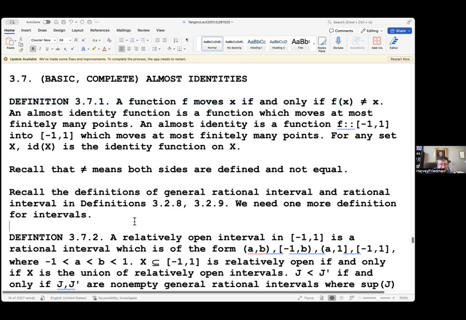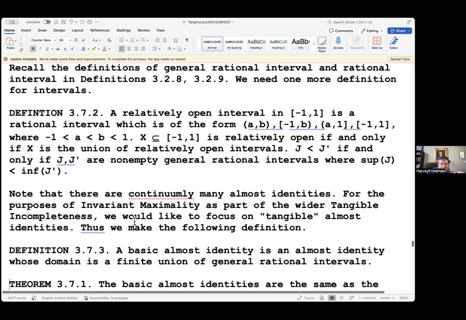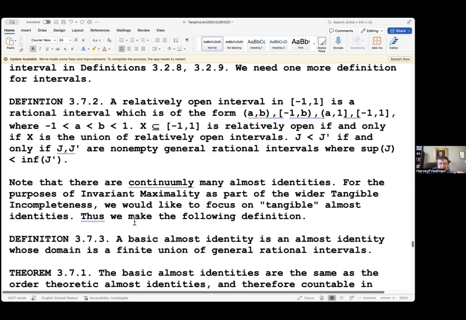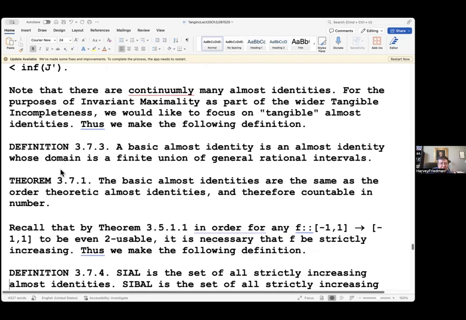We just get clear about what the word rational interval means and all that stuff. There are continuum many, but a basic one is one where the domain is a finite union of general rational intervals, and they turn out to be important.